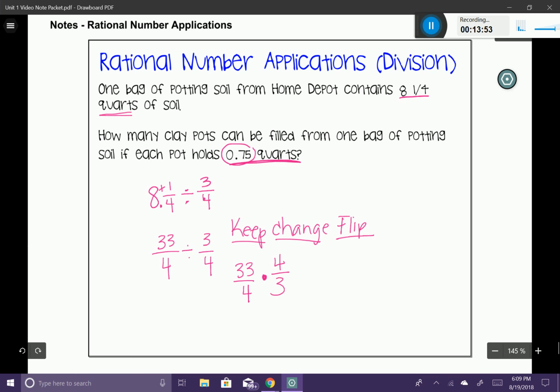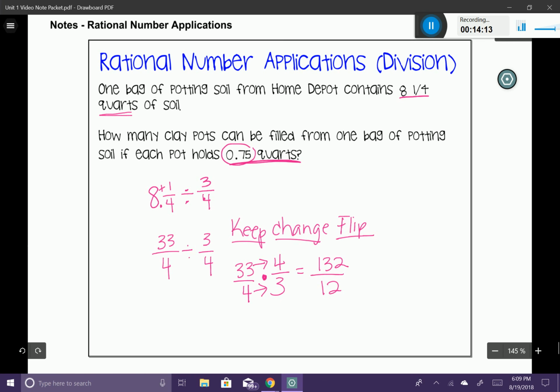Now we can multiply straight across. So 33 times 4 is going to leave us with 132, and then 4 times 3 is going to leave us with 12. And if we were to simplify this, it's actually going to simplify to a nice whole number.